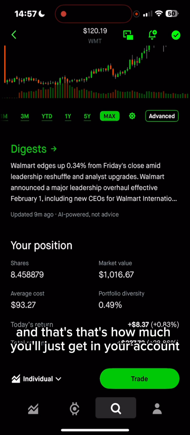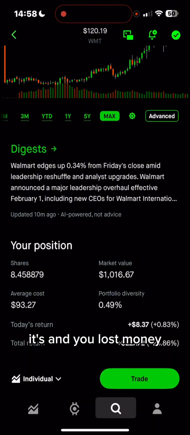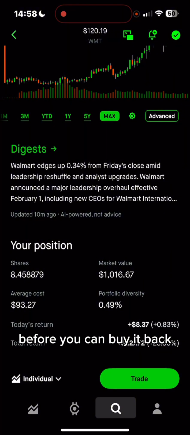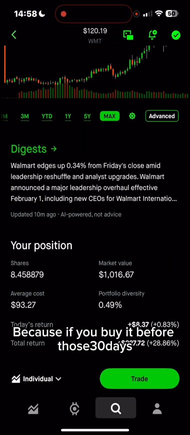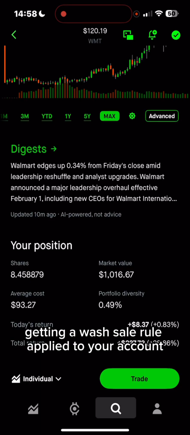Another thing to consider is that if you do sell a stock and you lost money, as an example, make sure you wait those 30 days exactly after you sell before you buy it back, because if you buy it before those 30 days, then you risk getting the wash sale rule applied to your account.